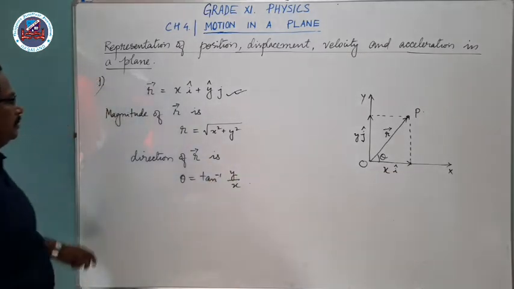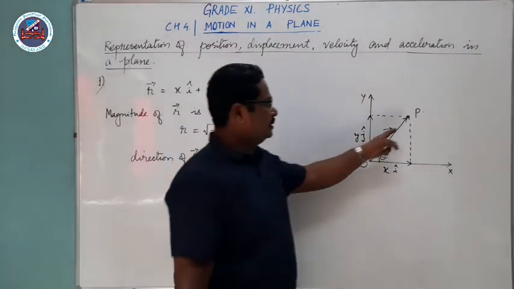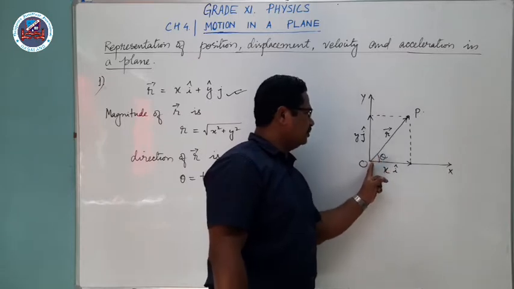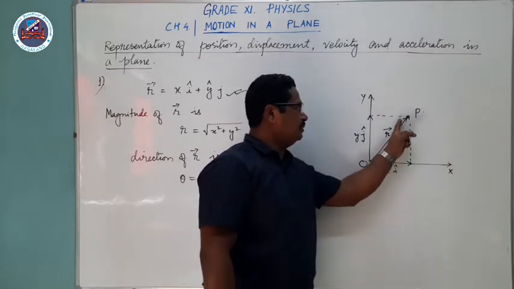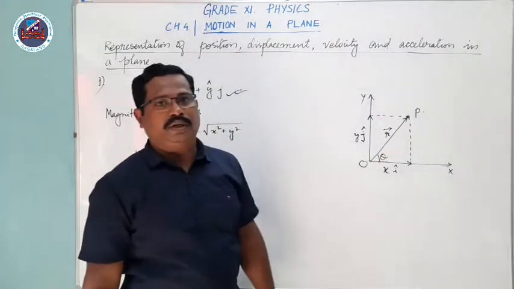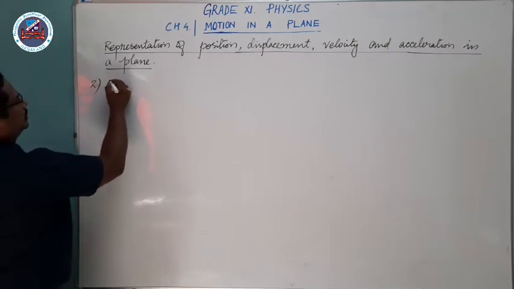Like this we can represent the position vectors. Just simply know that where the particle is, if you draw a straight line from the origin, the reference point, touching the particle, then that gives us the value of the position vector.